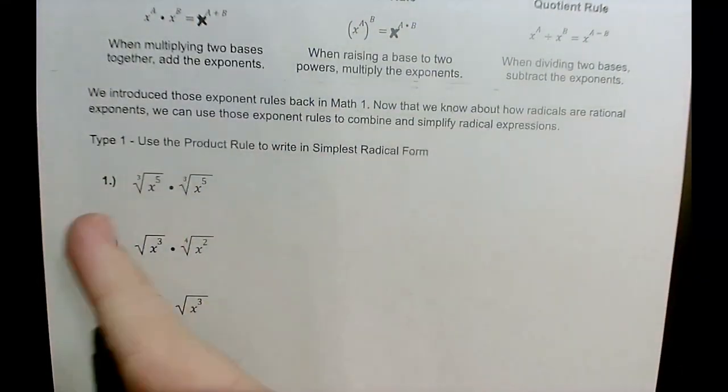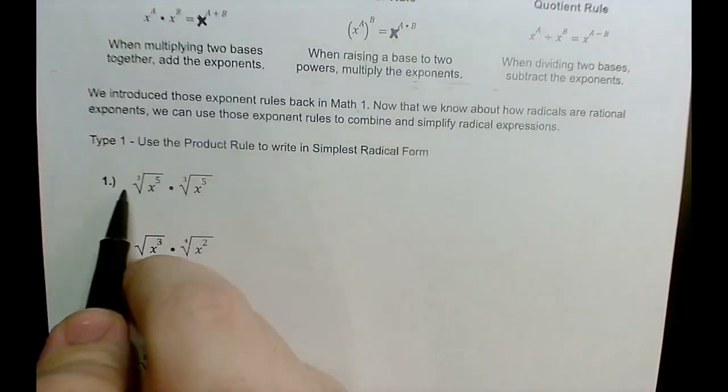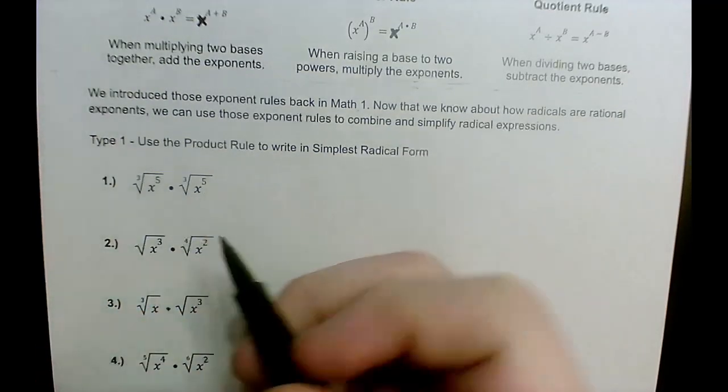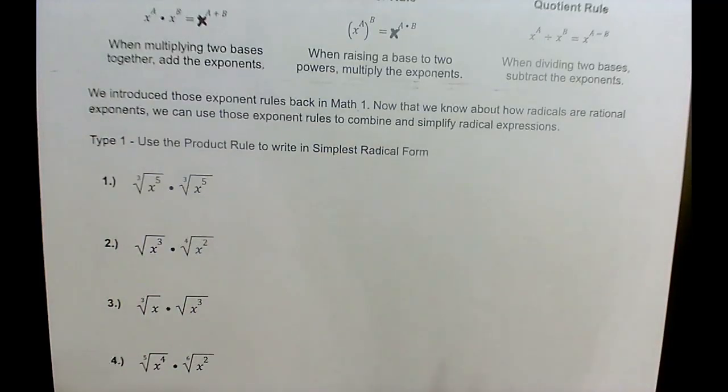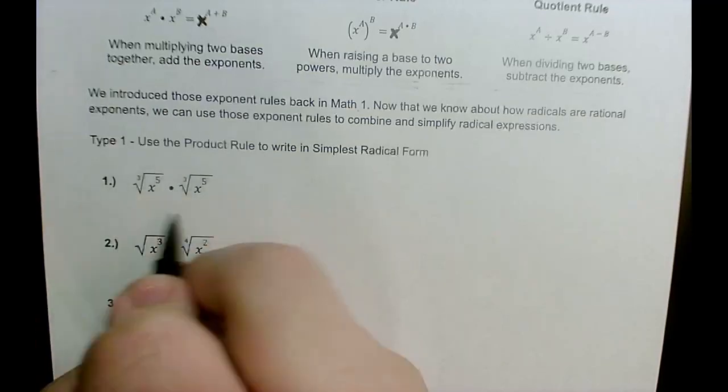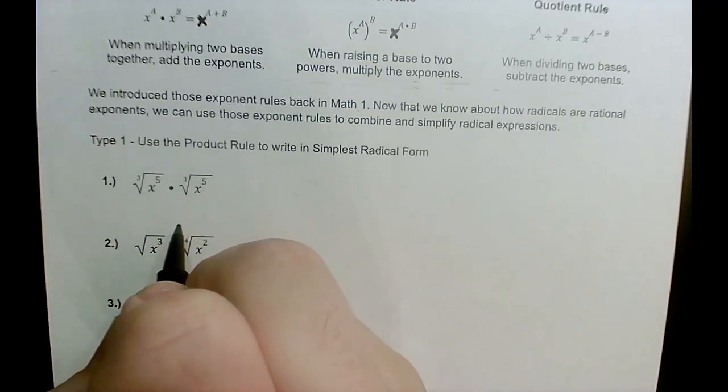So for number 1, I've got the cube root of x to the 5th times the cube root of x to the 5th power. Well, what I'm going to do here is rewrite both of these as their fractional exponents.